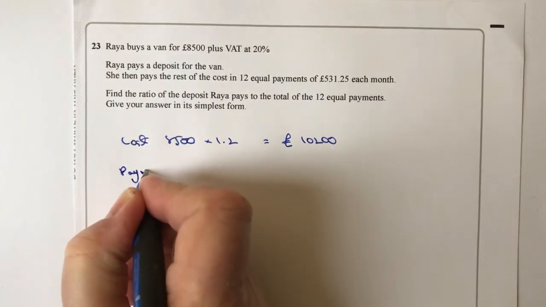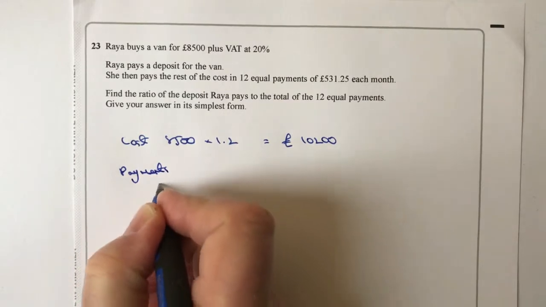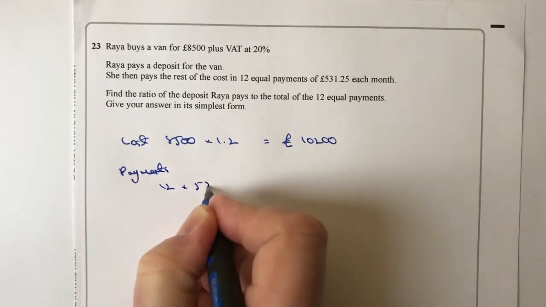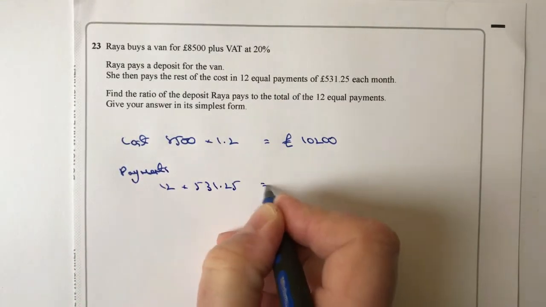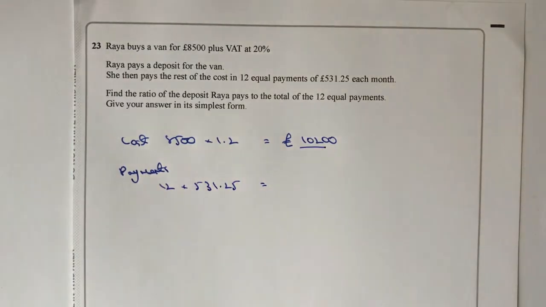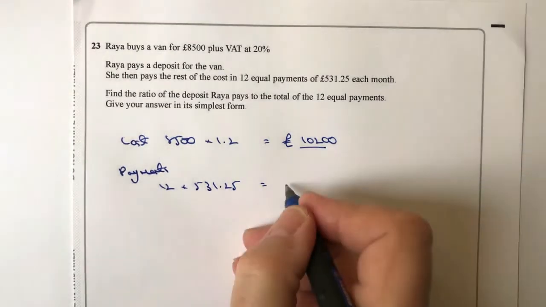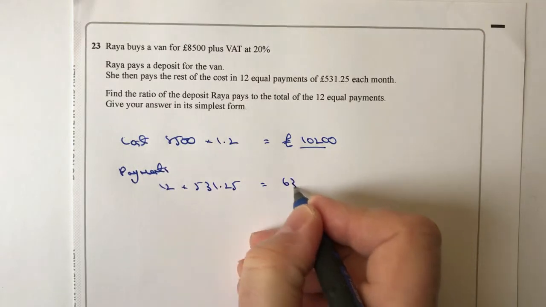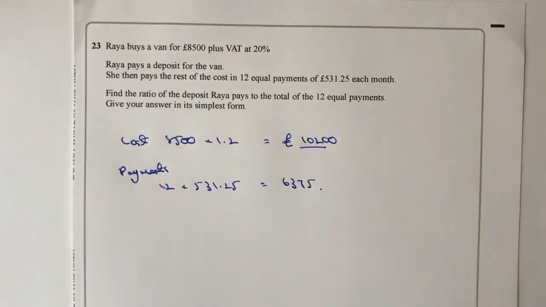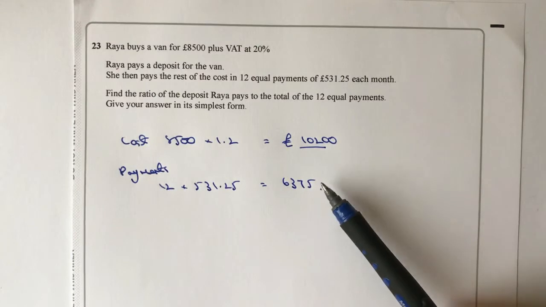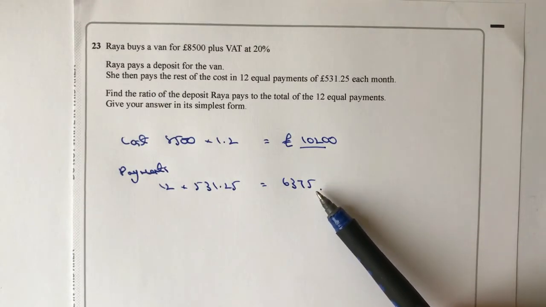The payments are going to be 12 times 531.25, which is going to be 6,375. So if she's paid a deposit, it's going to be the difference between the 10,200 and the 6,375.